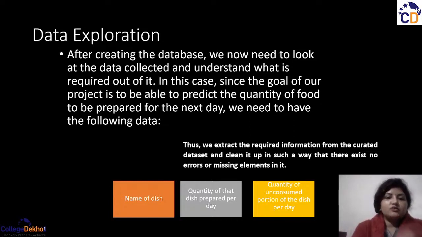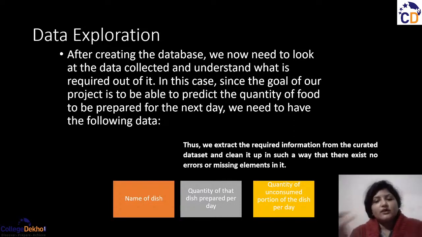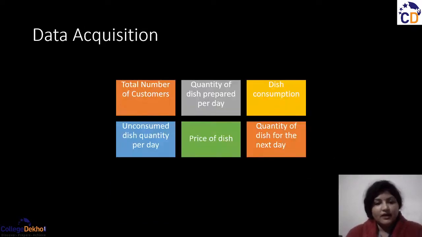So now you need to maintain one database where you need to write the name of the dish, the quantity to be prepared per day, and from that how much is left, the quantity of unconsumed portion of that dish per day, right? So starting with a huge problem, coming to the smallest one, how is it possible?